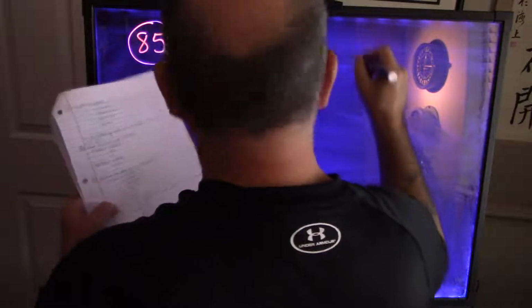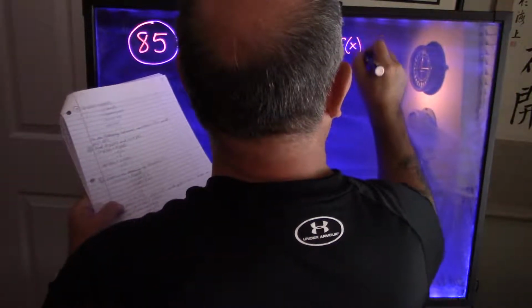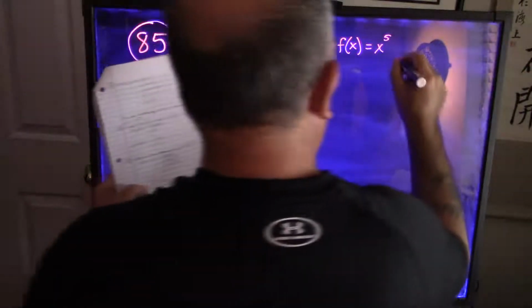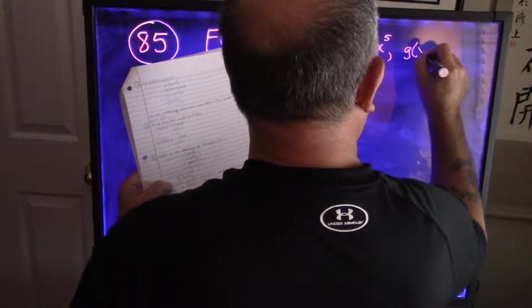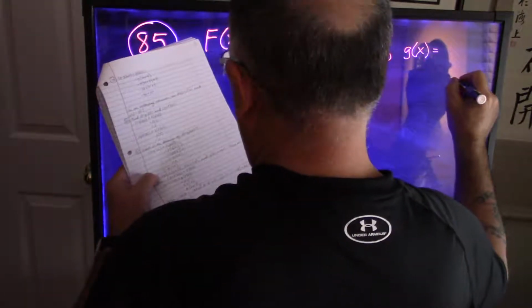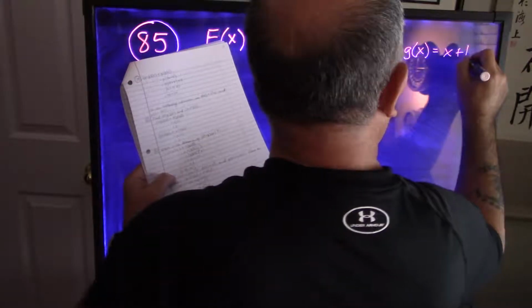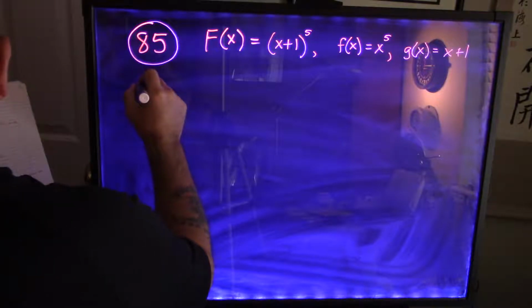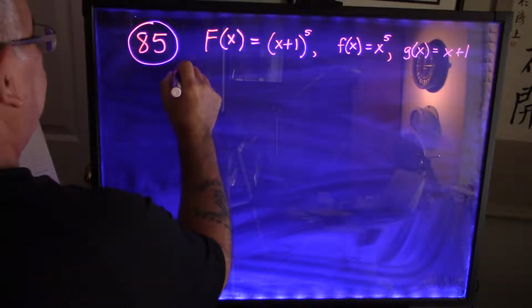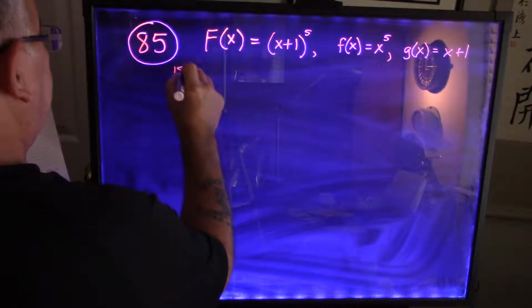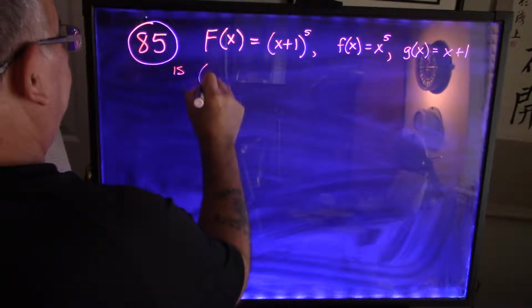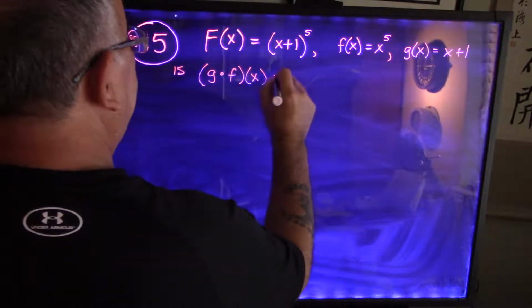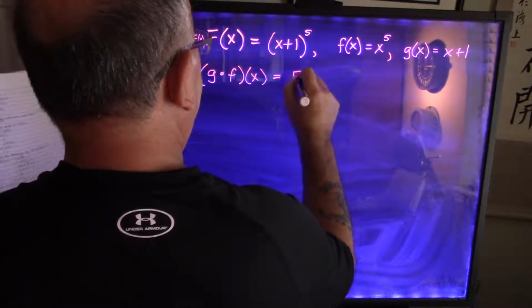And lowercase f is just x to the 5th. And g of x is x plus 1. So what we want to know is, does g composed with f of x equal capital F of x?